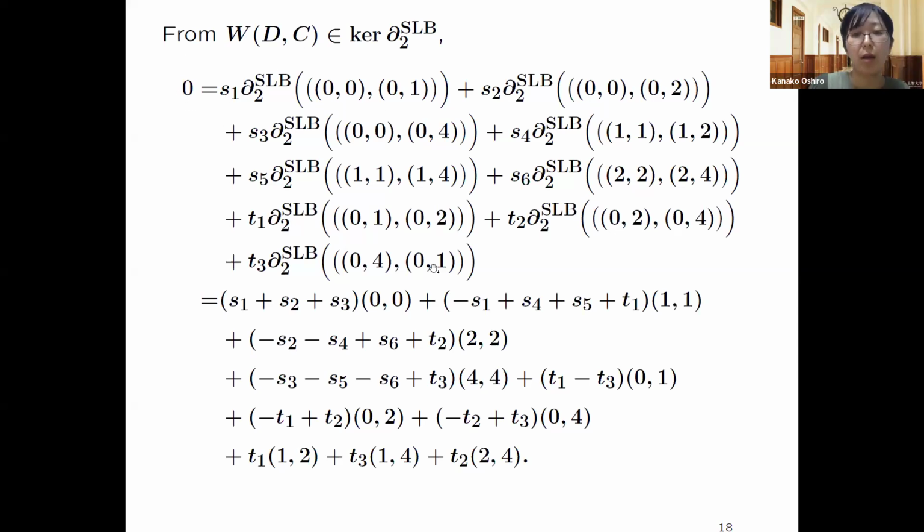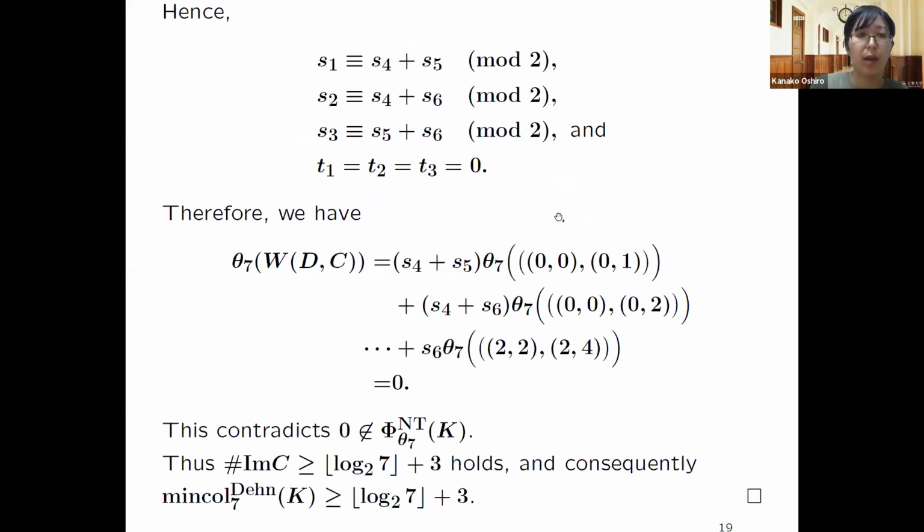So by calculating this value, we have this equality. From the relations obtained from this coefficient, we have this congruent expression and this equality.